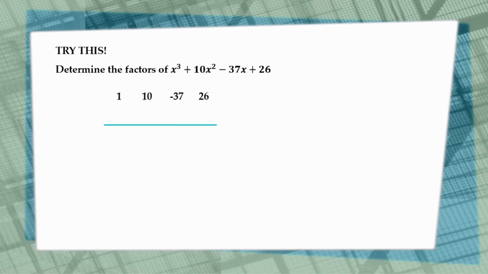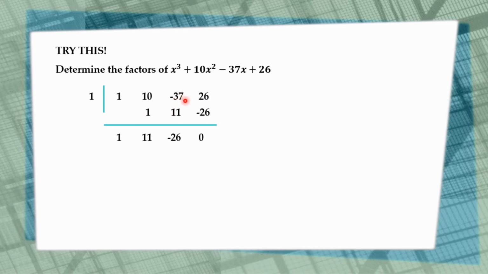So the answer is using synthetic division. Bring down all the coefficients. And then for the value of x, I'll choose 1. Divide using synthetic division. So 1 times 1 equals 1. 10 plus 1 equals 11. Then 11 times 1 equals 11.